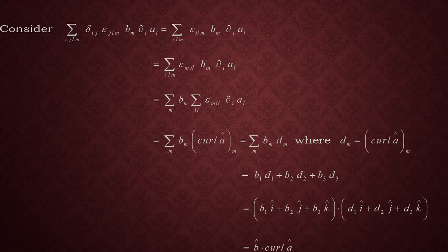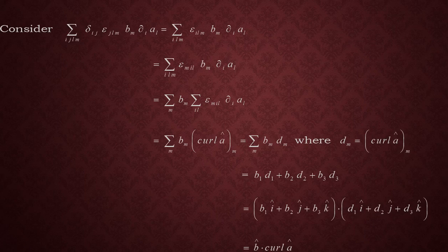So our representation becomes sigma over ilm epsilon suffix ilm Bm dou i Al.